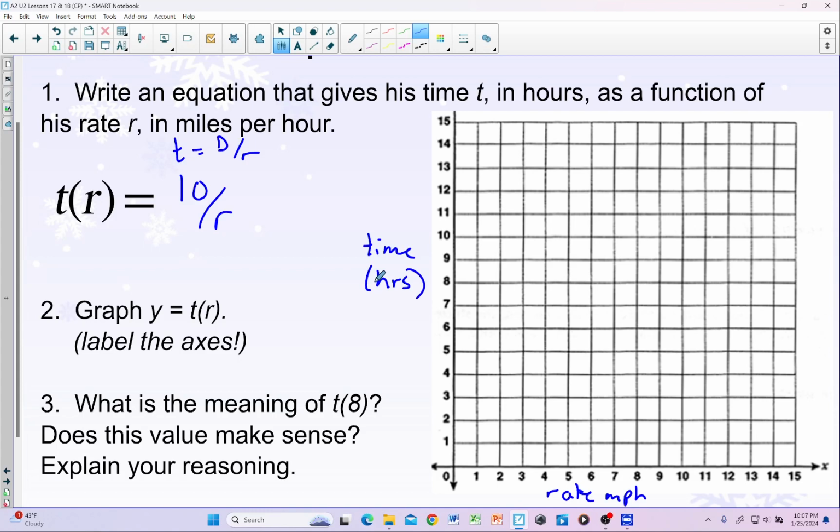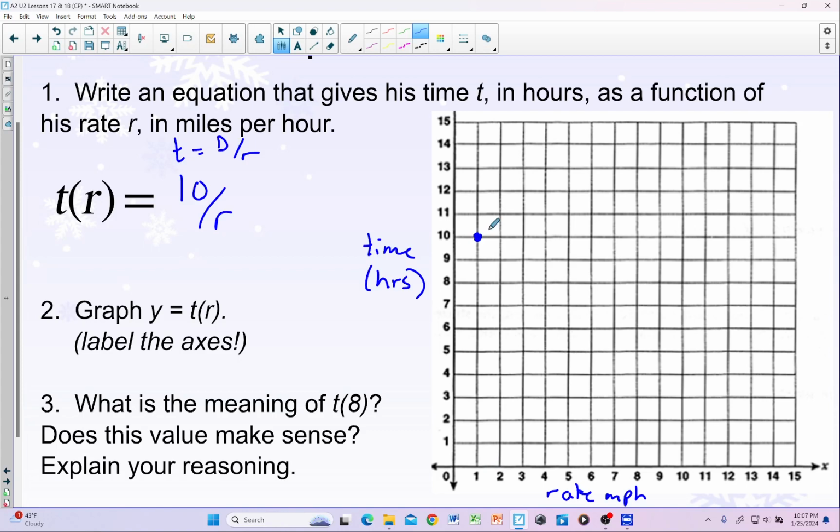So what if he goes 1 mile per hour? Okay, 10 divided by 1 is 10, right? If he goes at 1 mile per hour and he needs to go 10 miles, it makes sense that that's going to take him 10 hours to do that. Now, I can walk faster than that.